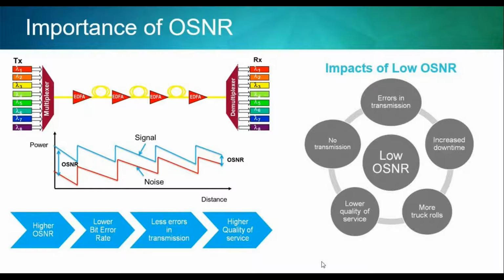You'll have transmission errors or no transmission at all. It can be at a level where you can't even detect anything. Of course, that will have an impact on system performance and downtime as you get closer to the OSNR threshold, the limit of the tolerances of the system. And of course, you have a direct impact on the quality of the service that you're delivering to your customers.